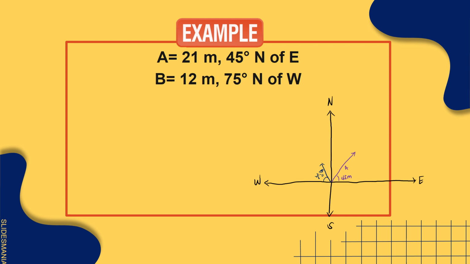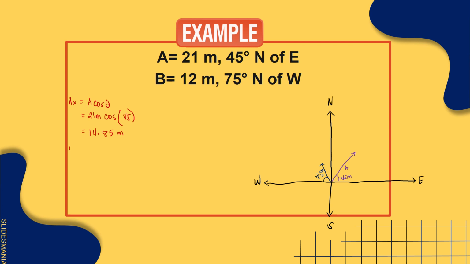We have Ax is equal to A cosine theta. Indicate the value of A, that is 21 meters cosine 45. This is equal to 14.85 meters.